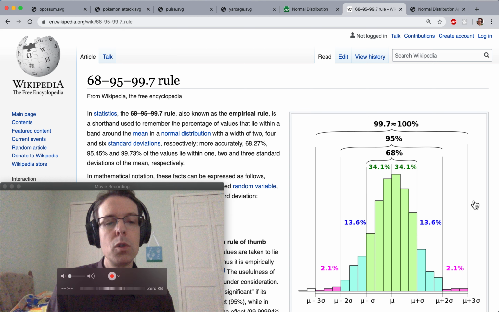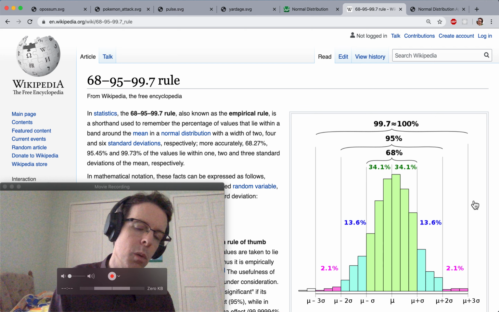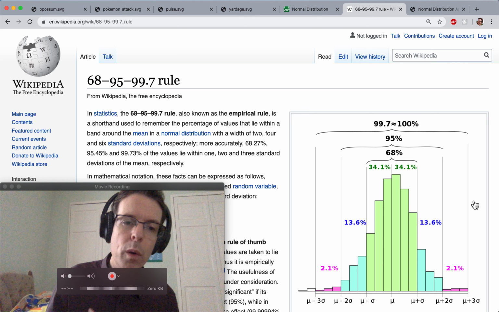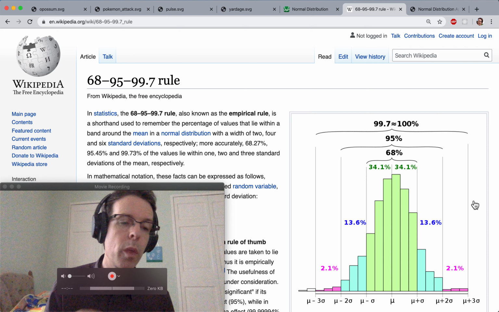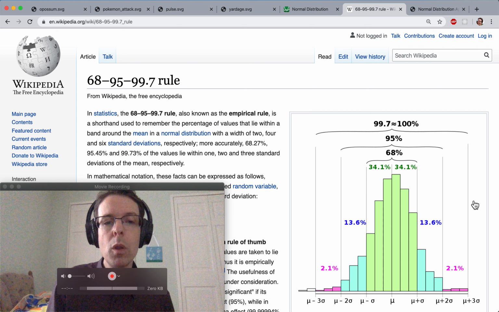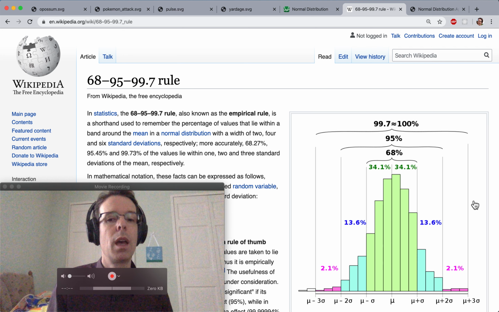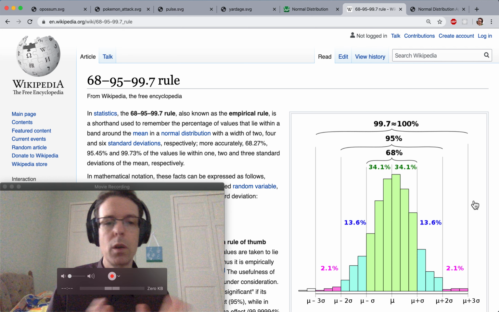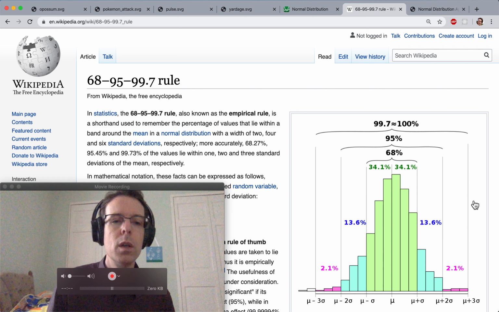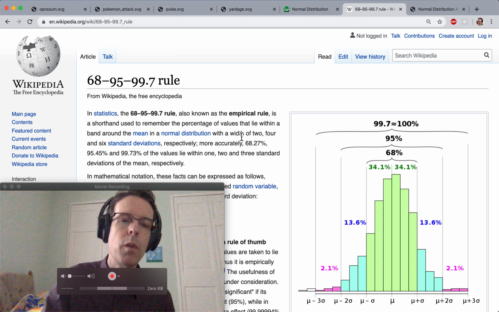We've seen in the past that these are good rules of thumb which apply to various distributions with approximate success, but for the normal distribution, they will apply perfectly, in the sense that it really is 68% lying between exactly 1 standard deviation below and above the mean. So the 68, 95, 99.7 rule applies perfectly to the normal distribution.